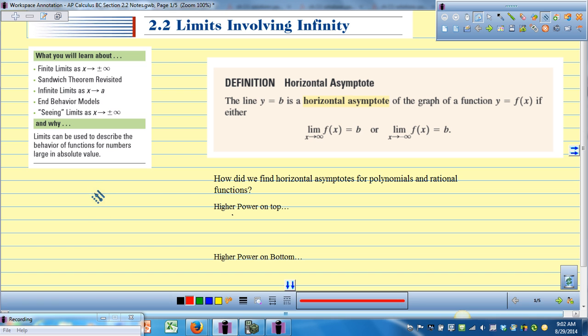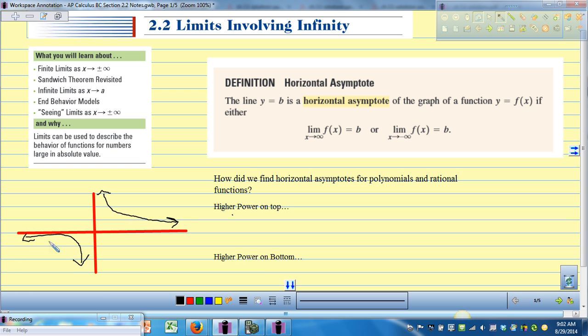But if we think about this function, which is what function? It is 1 over x.